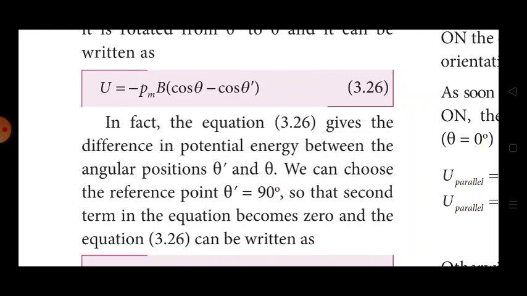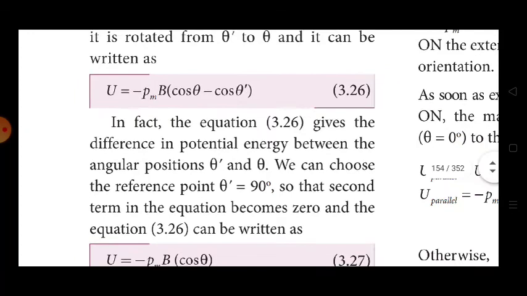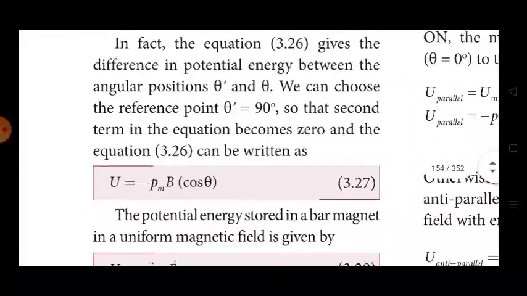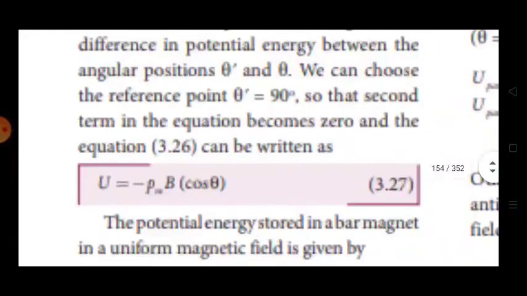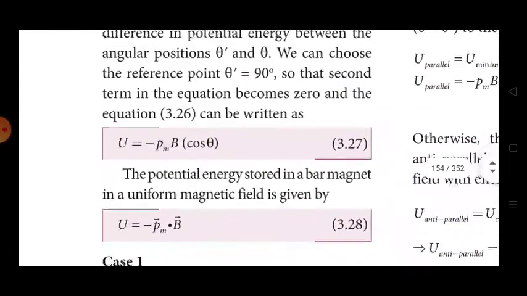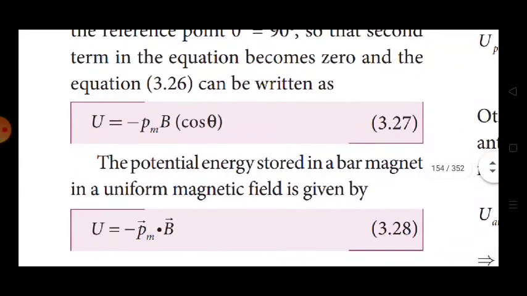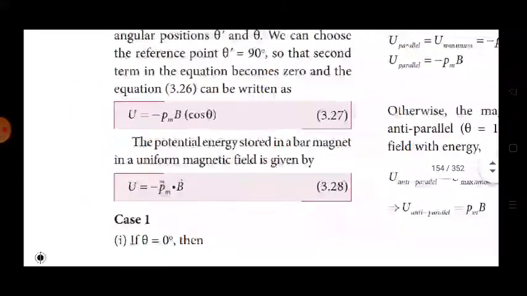We can choose the reference point theta dash equal to 90 degrees, and so the second term in the equation becomes 0, and equation 3.26 can be written as U equal to minus pmB cos theta, 3.27. The potential energy stored in the bar magnet in a uniform magnetic field is given by U equal to minus p vector dot B vector, 3.28.